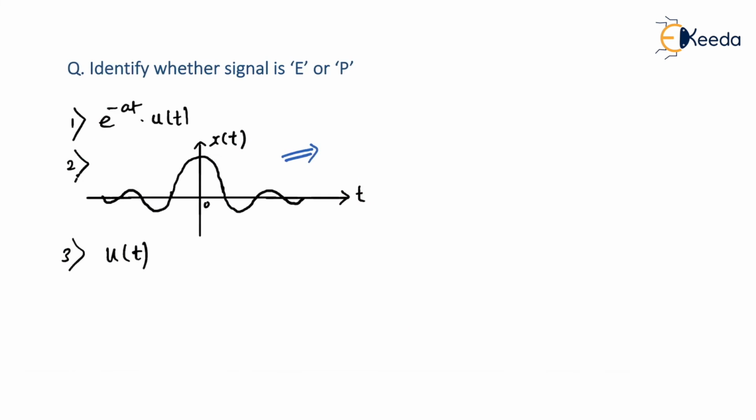I'm sure you must have seen this is either a sampling function or a sinc function. We cannot comment on this because we don't know their zero crossing points, because depending on that it is differentiated whether it is sampling or sinc. But behavior-wise it could be a sampling function or sinc function. Whatever, first of all, you can see that the amplitude is decaying on both sides.